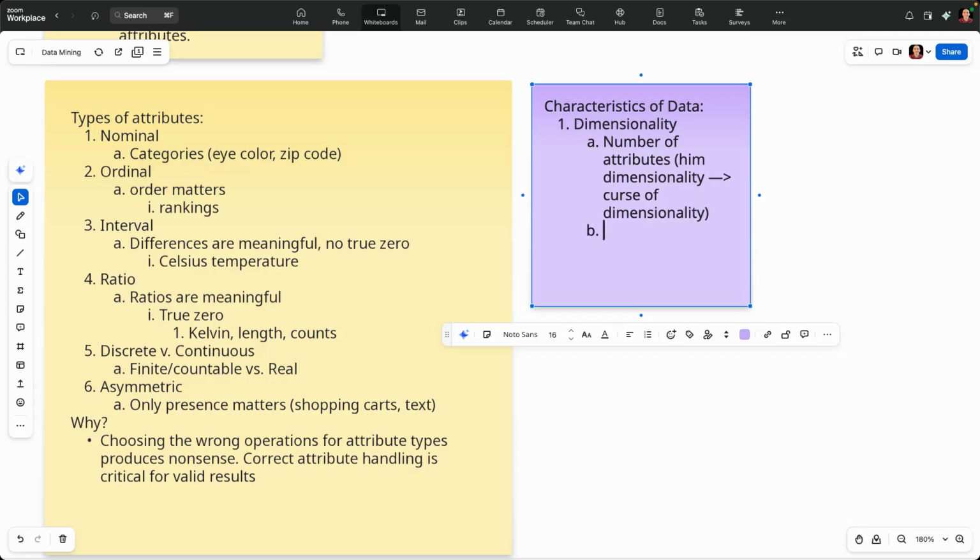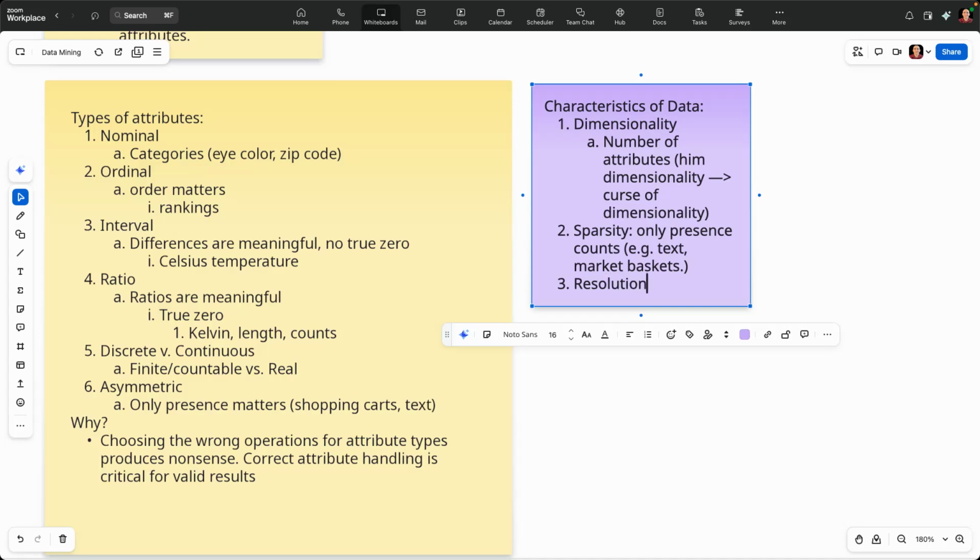Then we have sparsity. Only presence counts. This is for like text or market baskets. So that's sparsity.